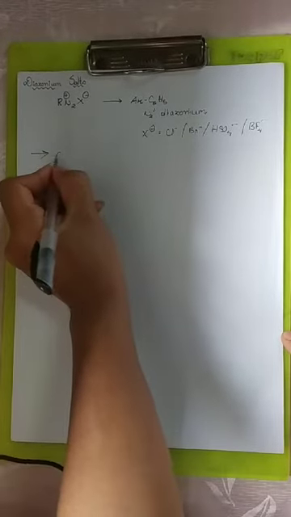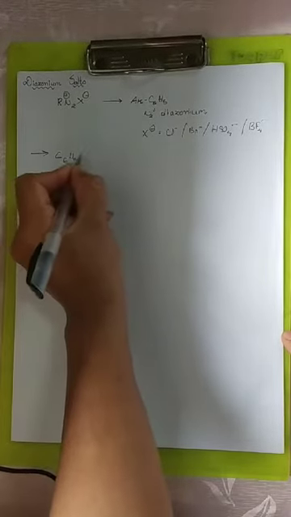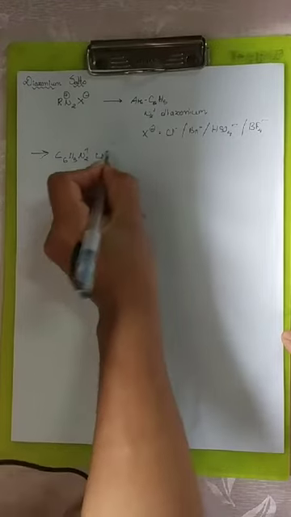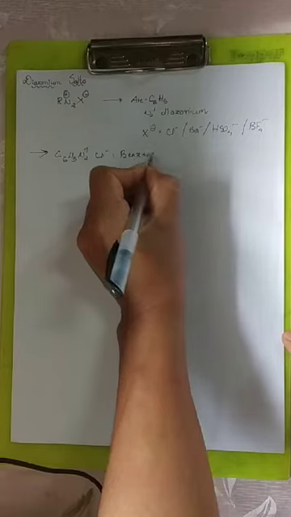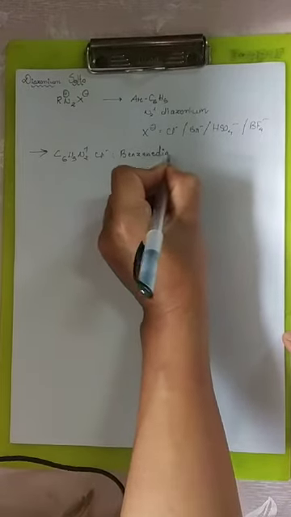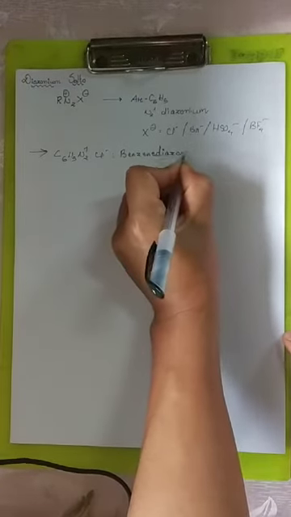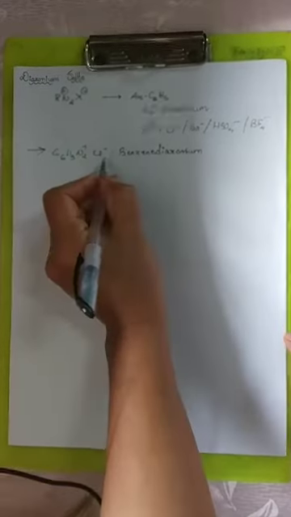Now the nomenclature: if our compound is C6H5N2 plus Cl minus, it will be named benzene diazonium chloride.